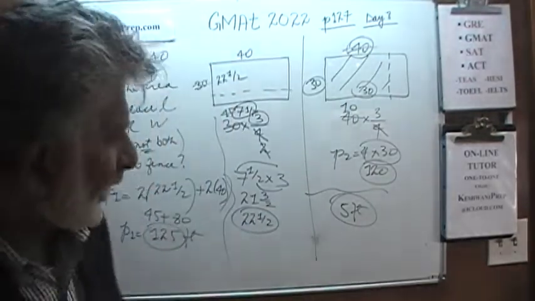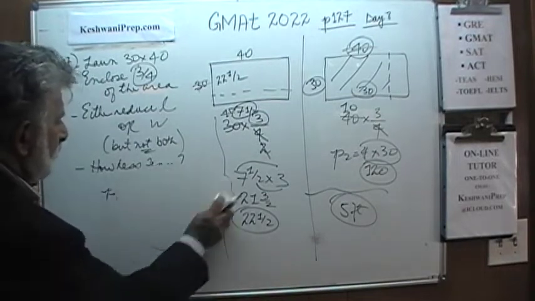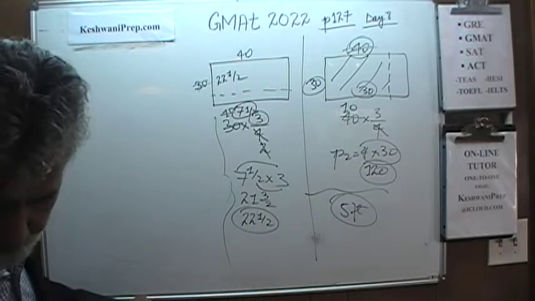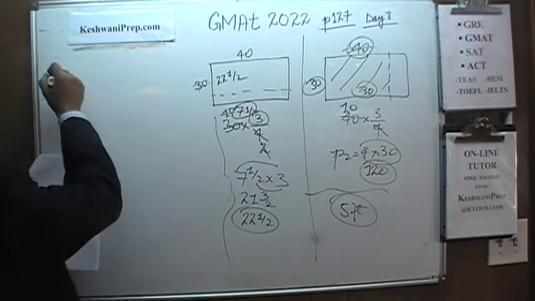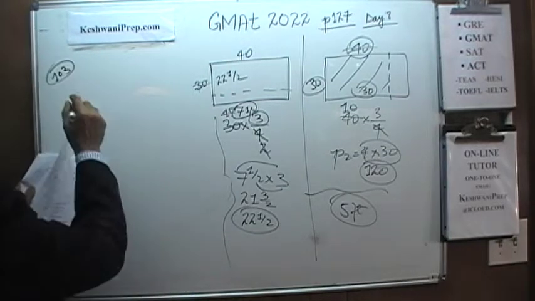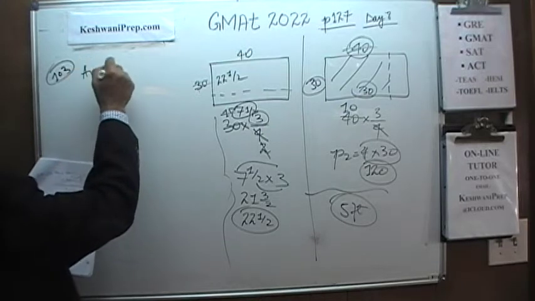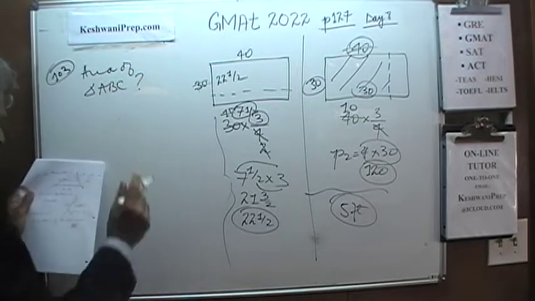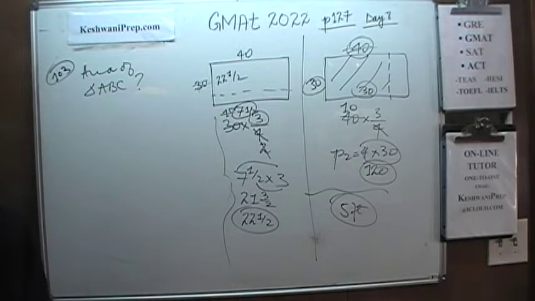103, which is also a geometry question. In 103, we are being asked to find the area of triangle ABC. Let's see what the picture looks like.